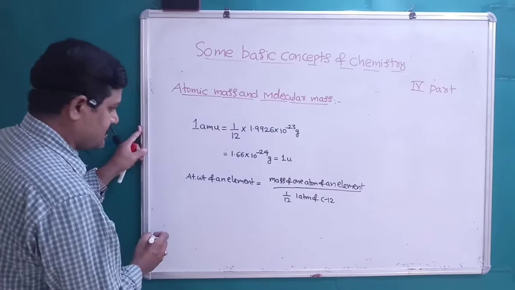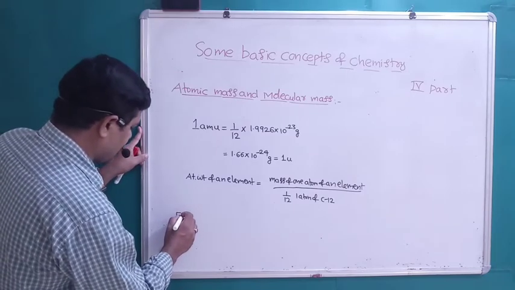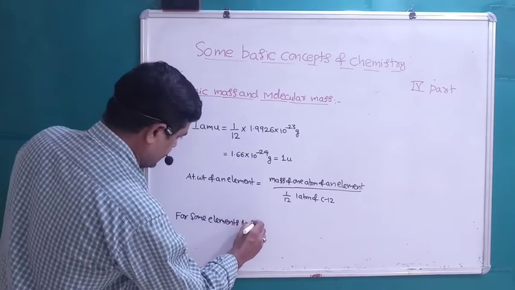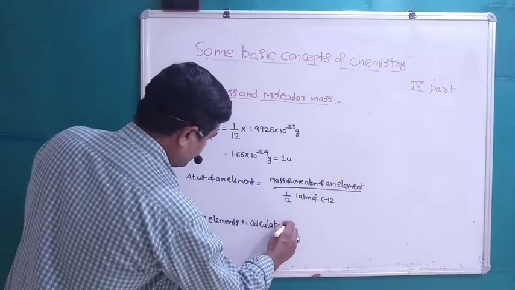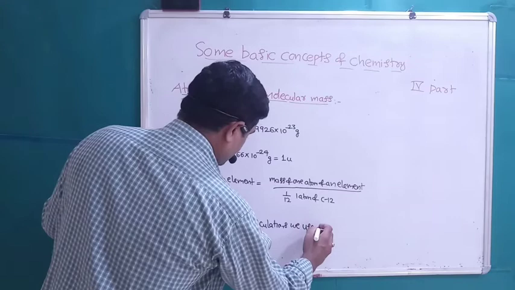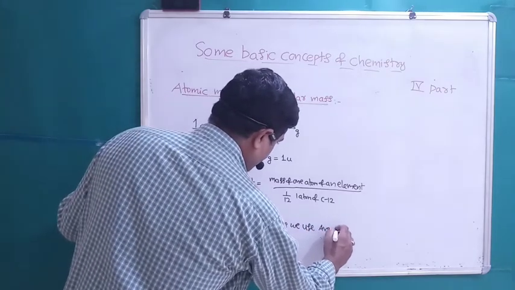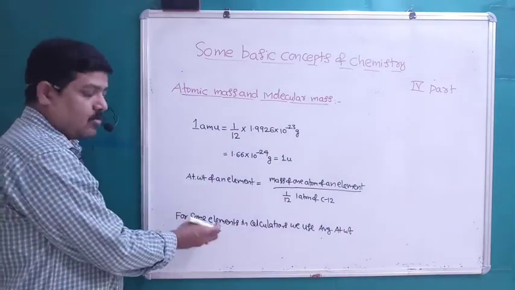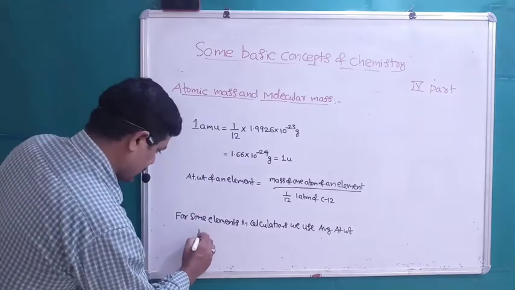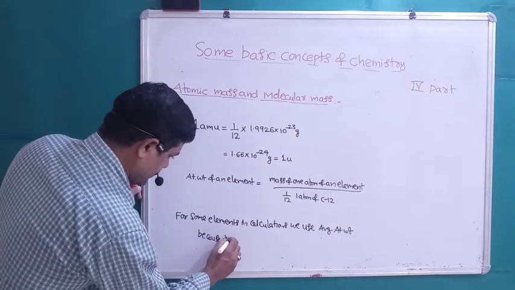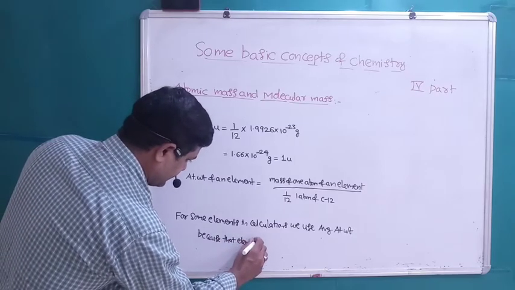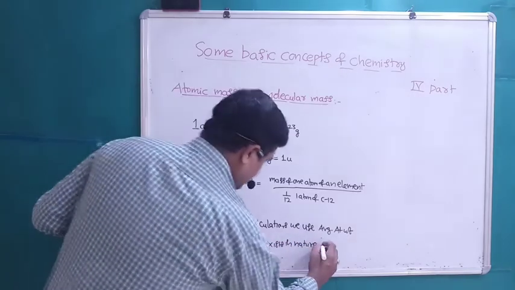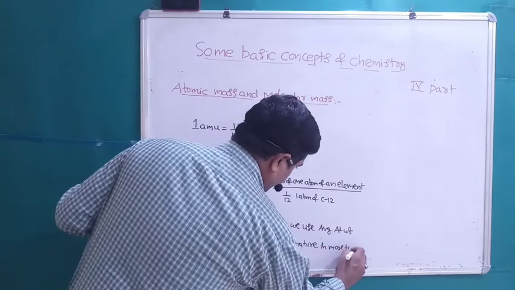Generally, students, for some elements in calculations we use average atomic weight, because the element exists in nature in more than one isotopic form.